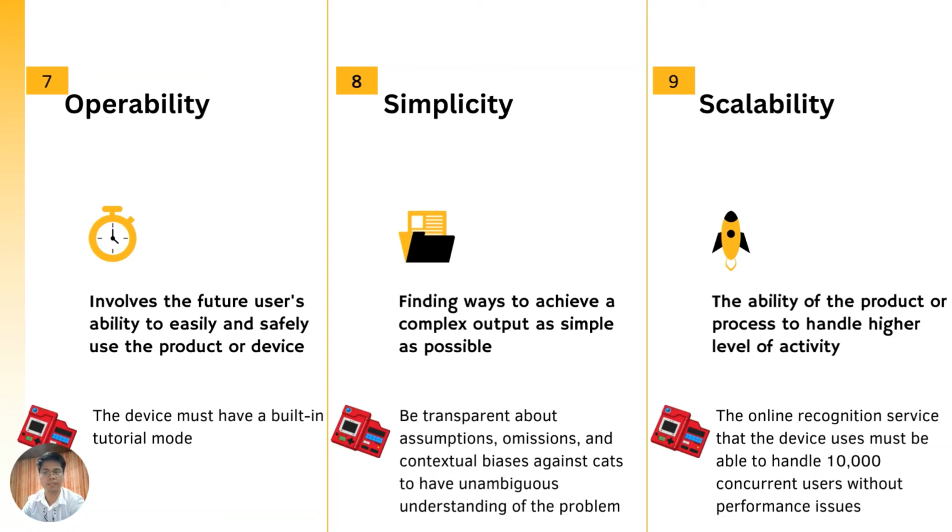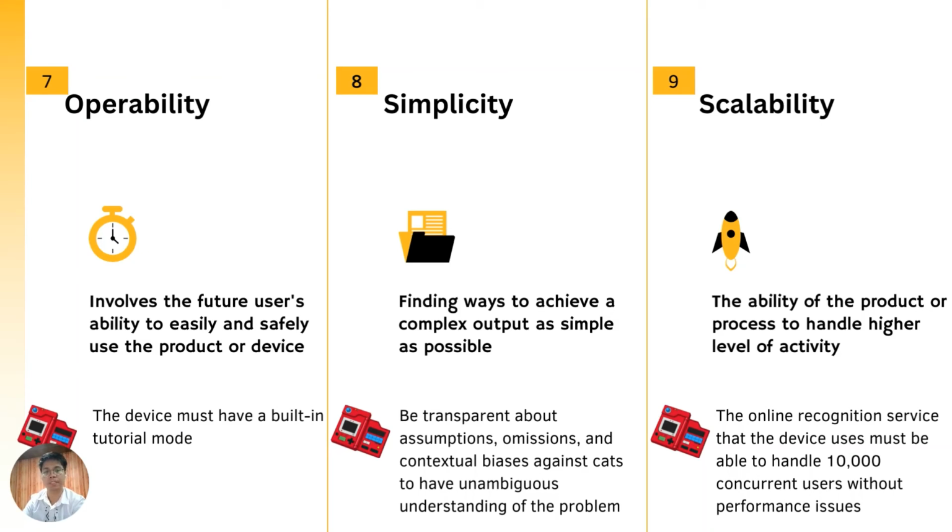Complexity is a natural state. The goal is to find ways to achieve complex output as simply as possible. Simplicity is a motherhood term, but is a real management and design requirement. Scalability, on the other hand, connotes the ability of the product or process to handle higher levels of activity.